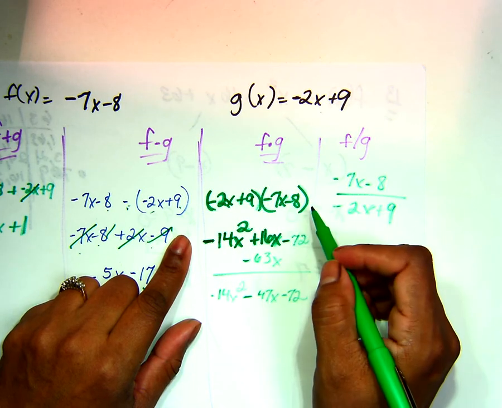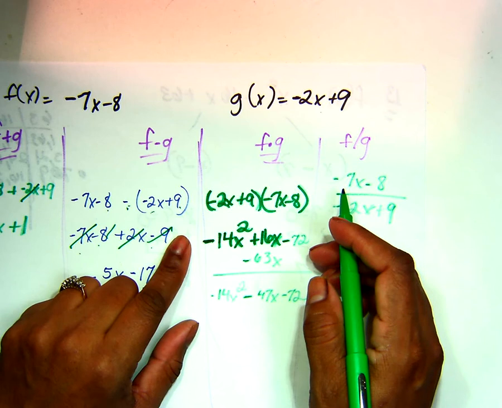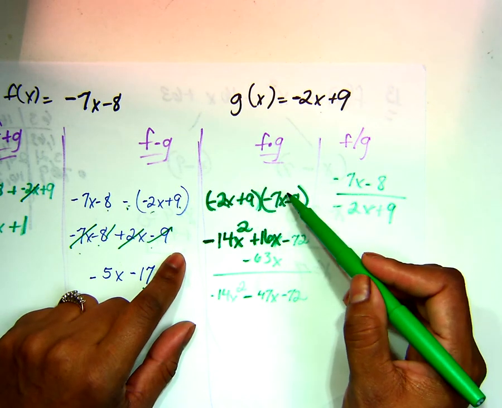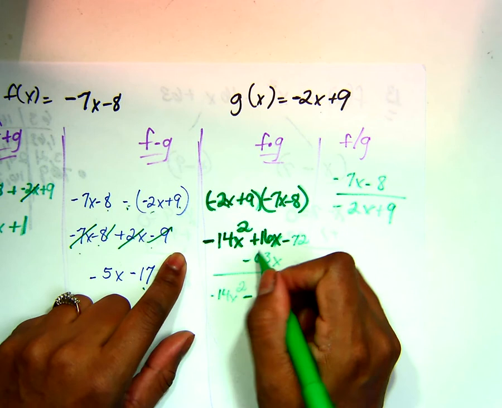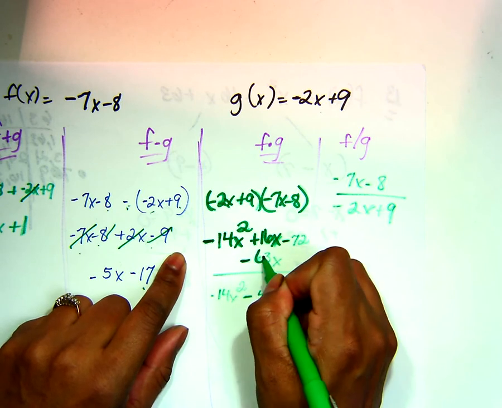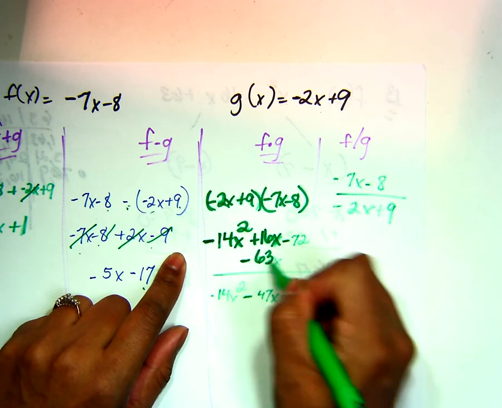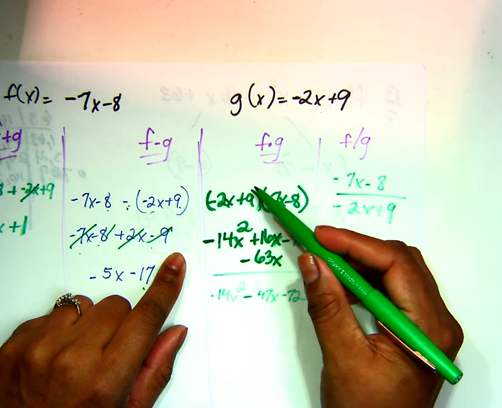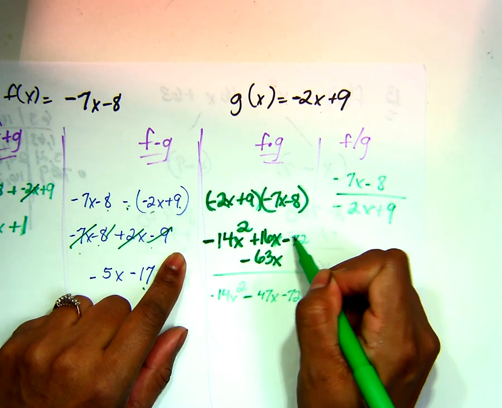For your middle term, we have 9 times negative 7, so that's negative 63x. So I rewrote it like this so it would be easier for us to align everything, aka combine like terms, and then 9 times negative 8 gives you negative 72.